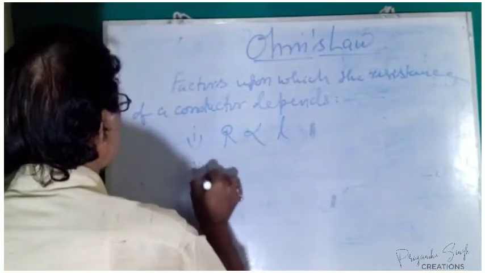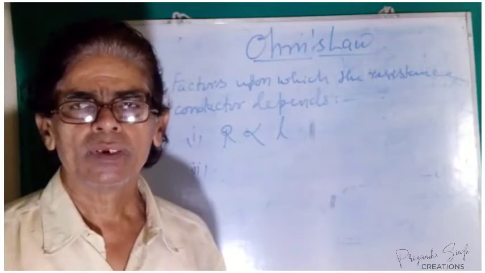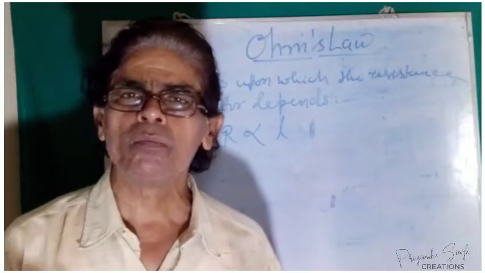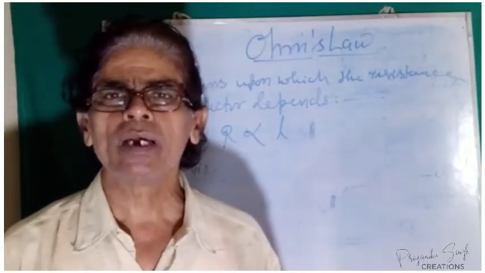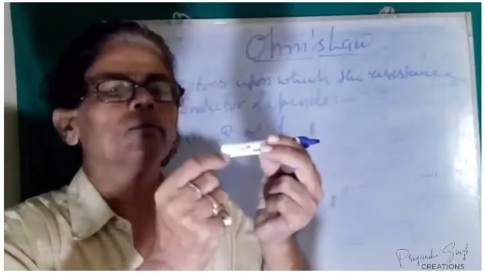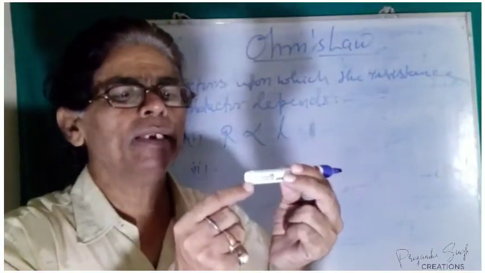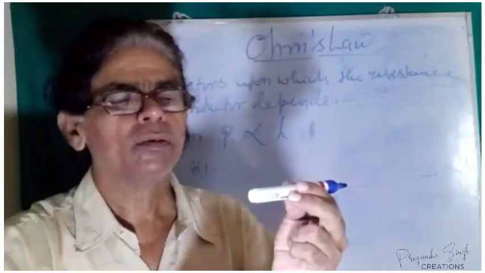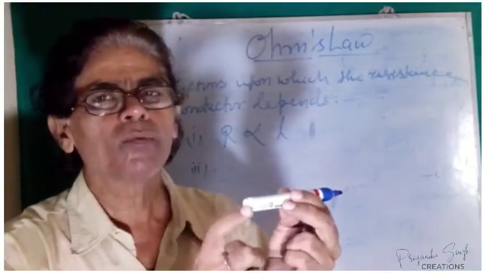The second factor is the thickness of the conductor. It is found that the resistance is inversely proportional to the area of cross section of the wire. What is area of cross section? Suppose that this is a wire. Now the circular area here, that is the section of this circular cross section, is called the area of cross section.